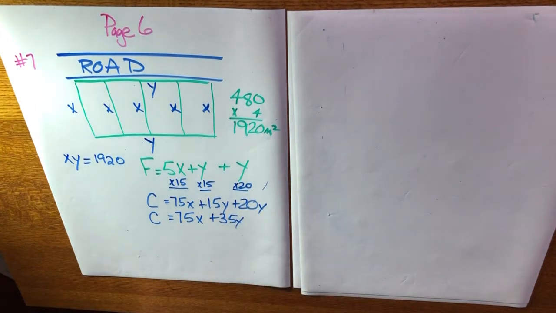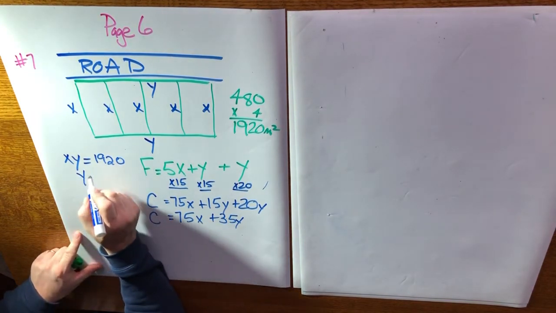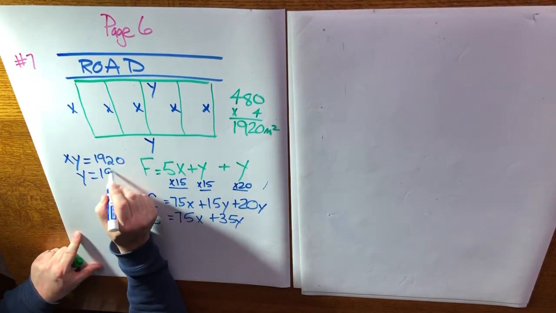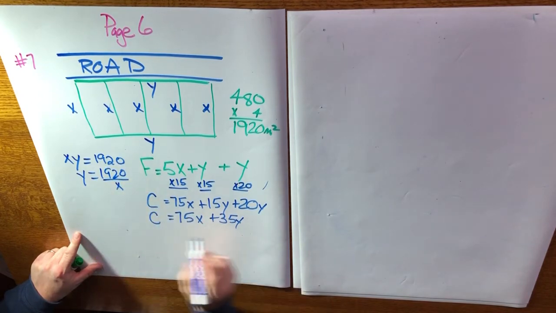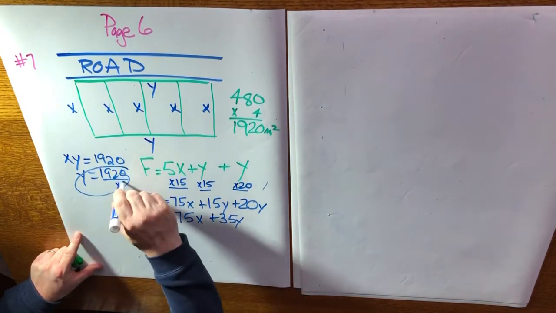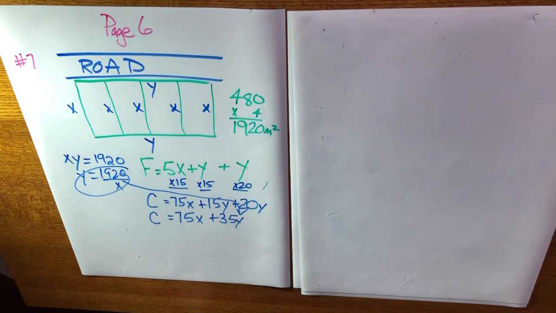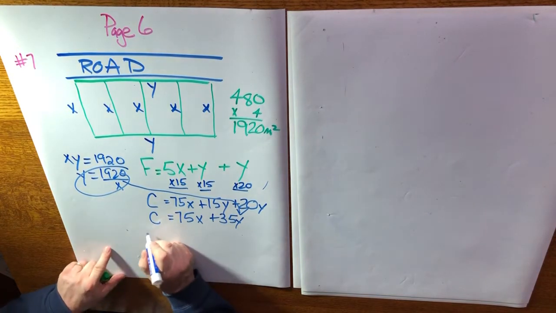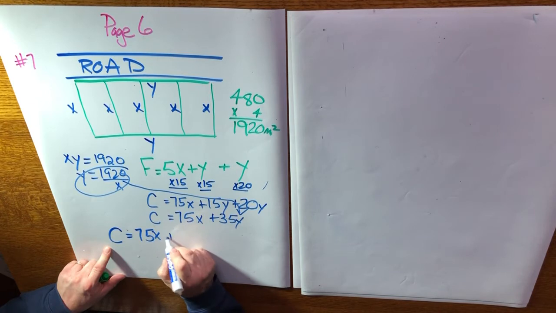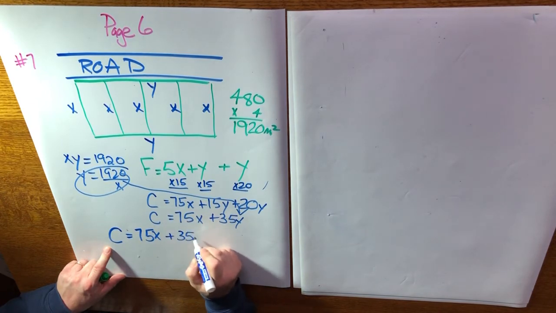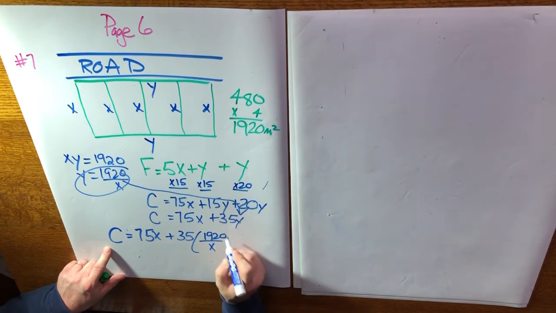And then we want to take our known relationship, y equals 1920 over x, and we can substitute that right in there. So your cost function now is going to be 75x plus 35 times 1920 over x.